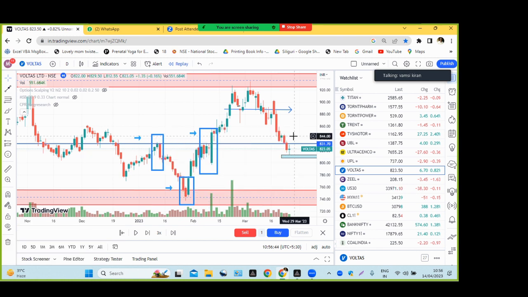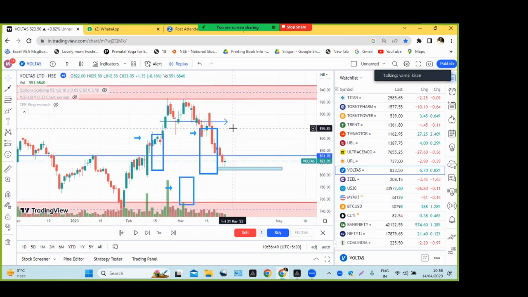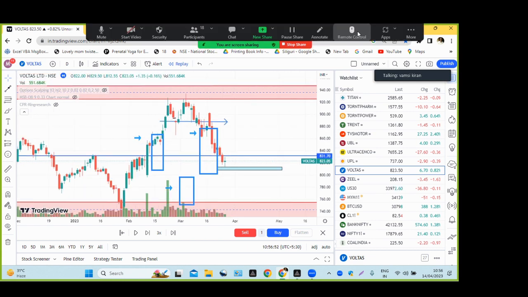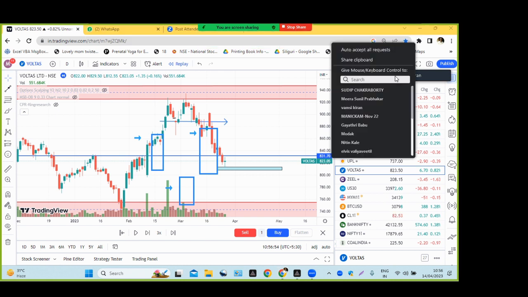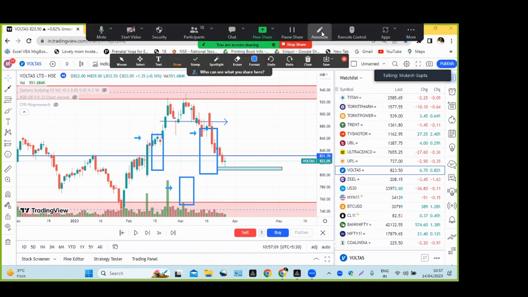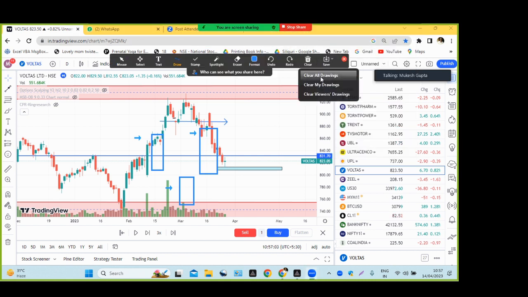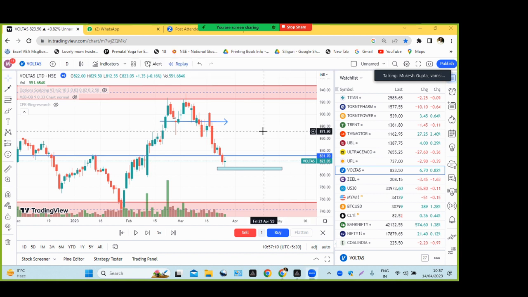One small question: if I get a Marubozu and I'm going to take a trade, what should be my target? Simple. 1:2. If you are doing scalping, that is on 1 minute, your target should be 1:1 only. If the Marubozu candle is very big, then you have to keep it short.